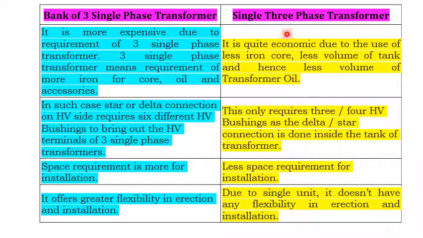If you go for the single 3 phase transformer, due to the single unit, it doesn't have any flexibility in erection and installation. So this is one more difference we consider here: the flexibility of erection is greater in one, and lesser in the other, for the installation of such types of transformers.